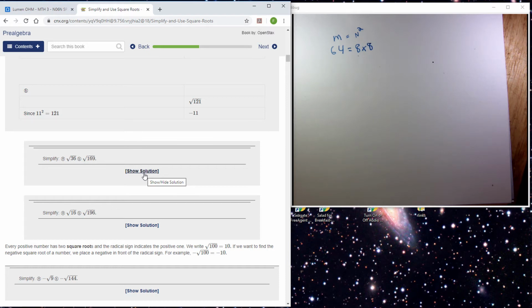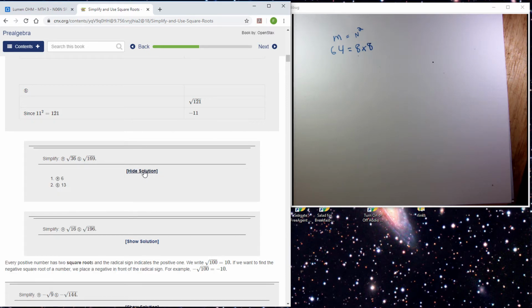What number, when multiplied by itself, will give me 36? 6. What number, when multiplied by itself, will give me 169? 13. 13 times 13 is 169.